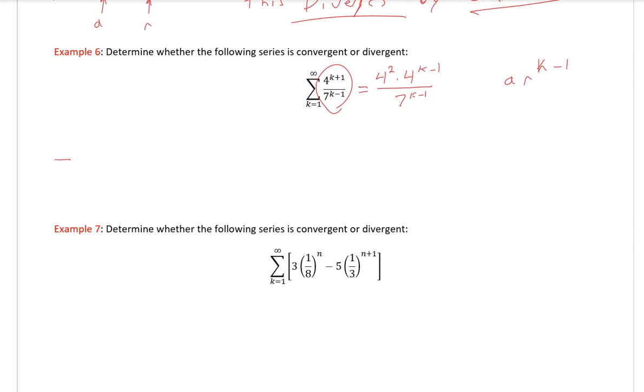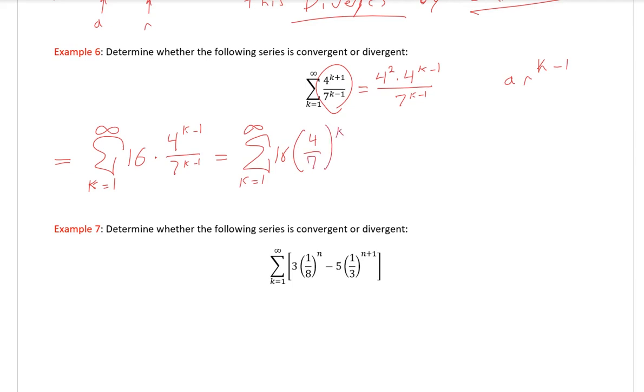Now I have this as a summation, k equals 1 to infinity, of 4 squared, which is 16, times 4 to the k minus 1 over 7 to the k minus 1. Since those are both taken to the k minus 1, this is 4/7 to the k minus 1.